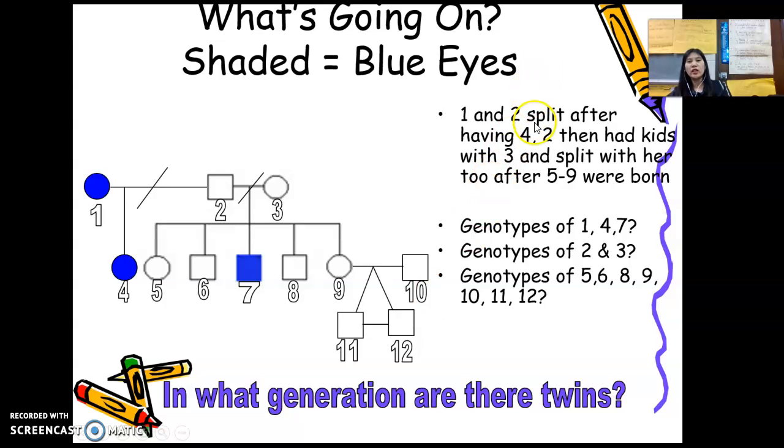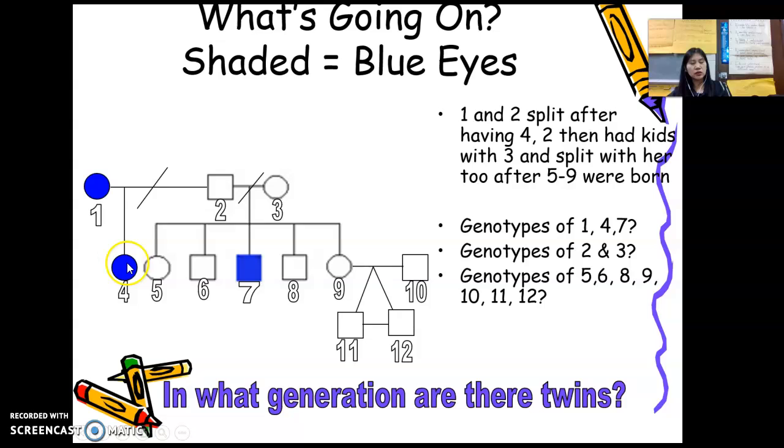Right? 1 and 2 split after having 4. So this is the original wife. This has the husband and their kid.